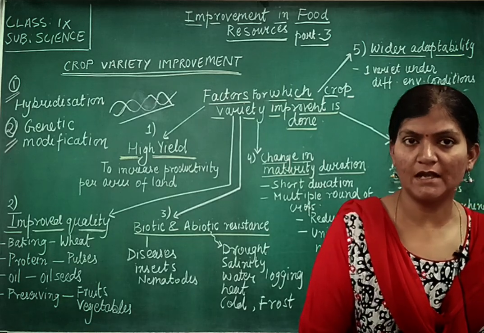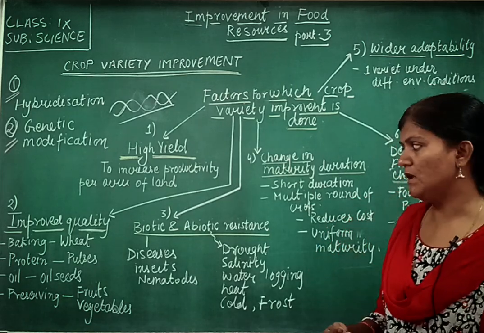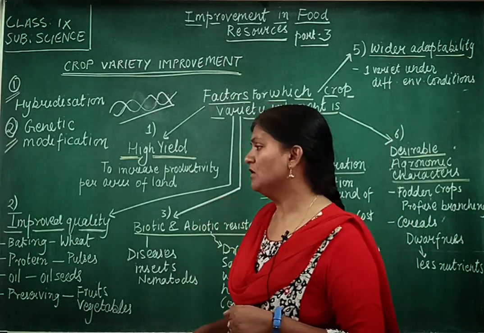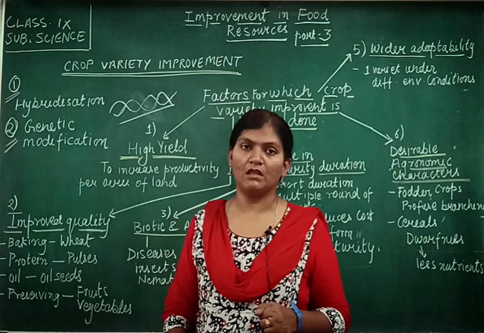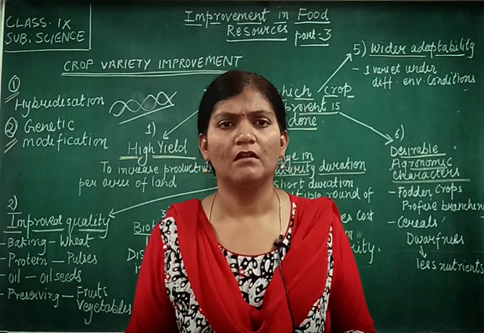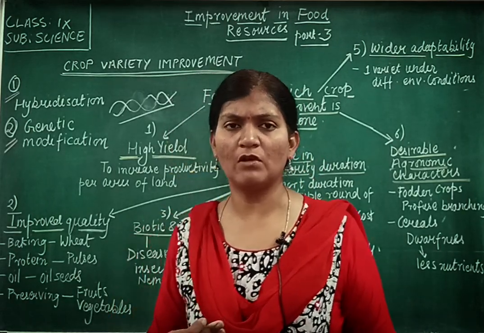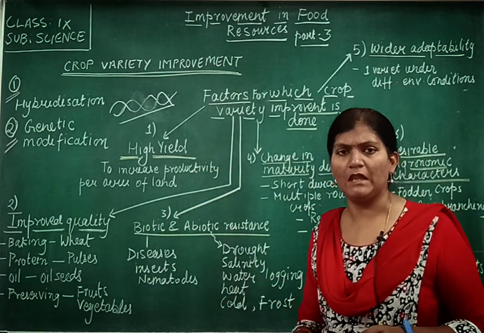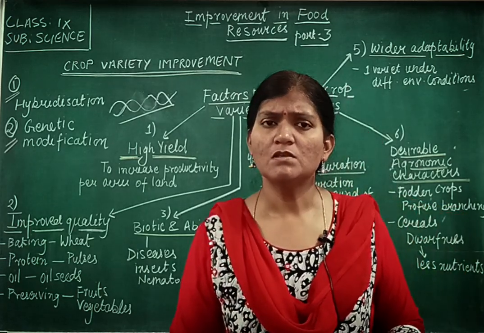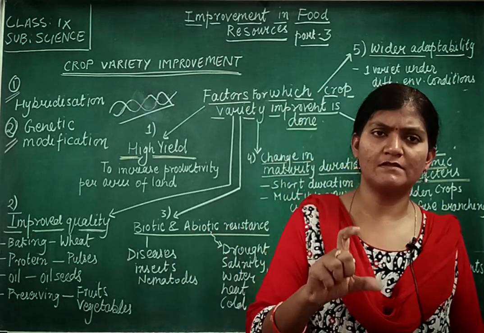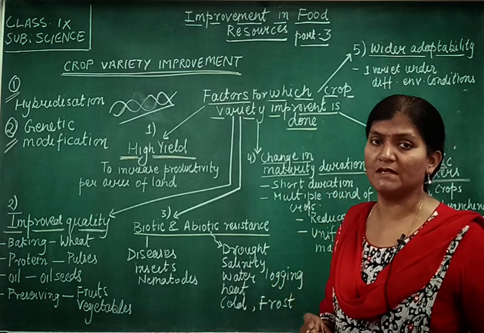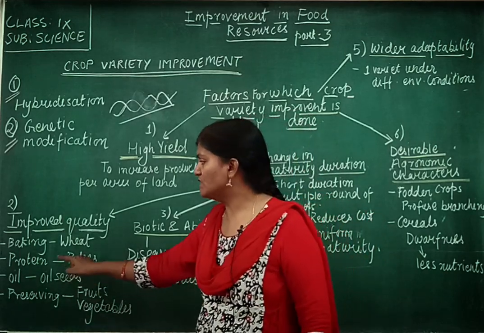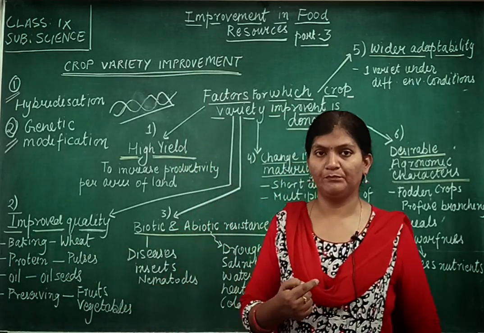How can we check that it is improved quality? If it is wheat or a cereal crop, then we look for its baking quality, because wheat is used for making cakes and pastries. If the cake rises, it means its baking quality is better. So we want a wheat variety which has good baking quality.